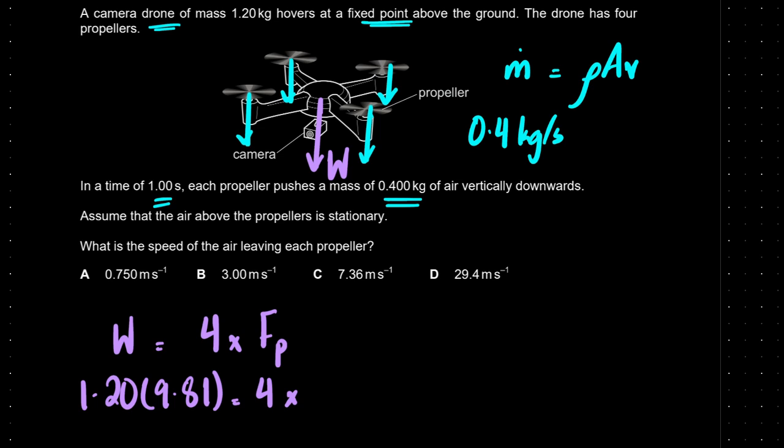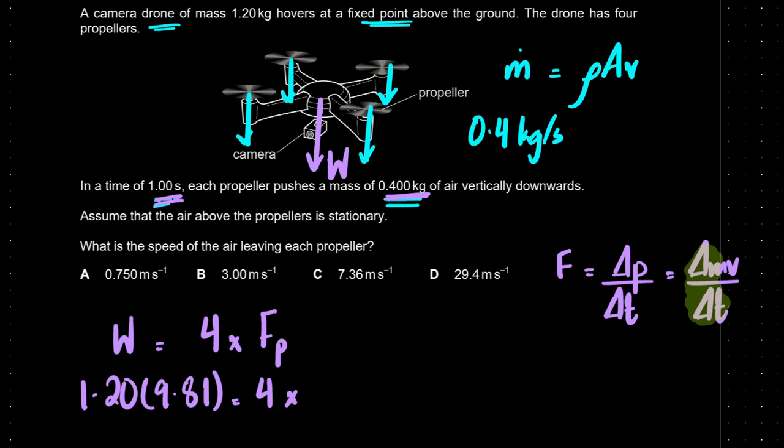So for each propeller, what do I know? I know that 0.4 kg is propelled each second. So now I'm thinking about using this equation, F equals delta P over delta T, which I know is written as delta mv over delta T. What I have in this case as 0.4 kg per second is really delta m over delta T. So I have that as 0.4 and I don't know the velocity here.